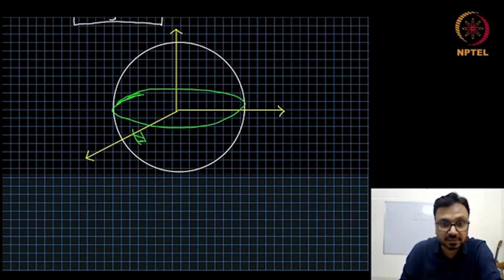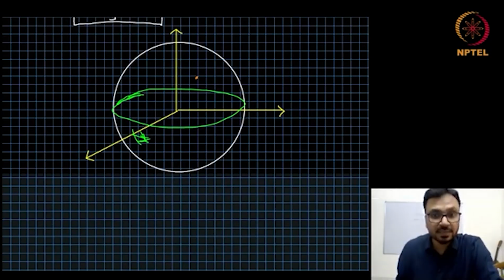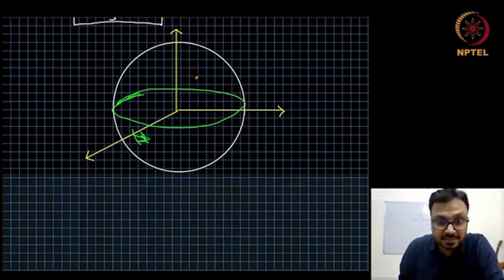Let me show that this is a three-dimensional sphere. If we have a density matrix inside the bulk somewhere here, it's not visible where it is, but believe me, it's inside the bulk. So it's a mixed state.